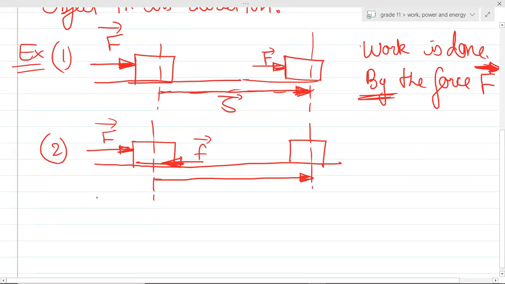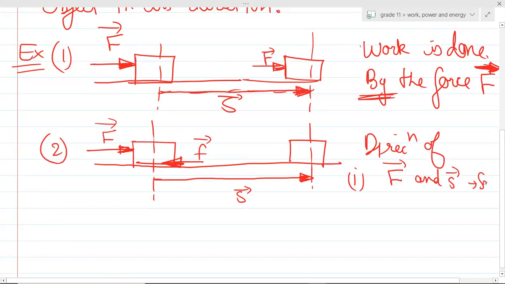Over here the direction of F vector and S vector is the same, whereas the direction of small f, friction, and the displacement is opposite.